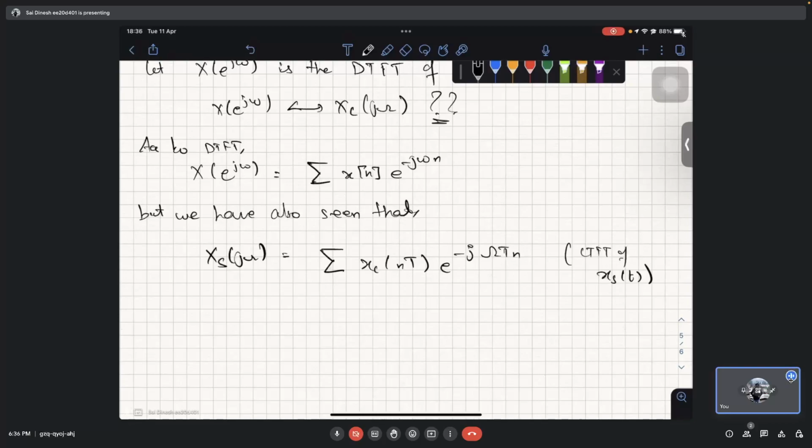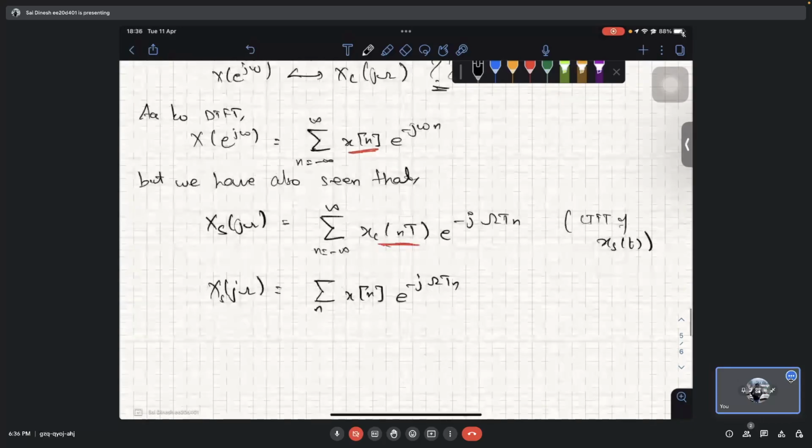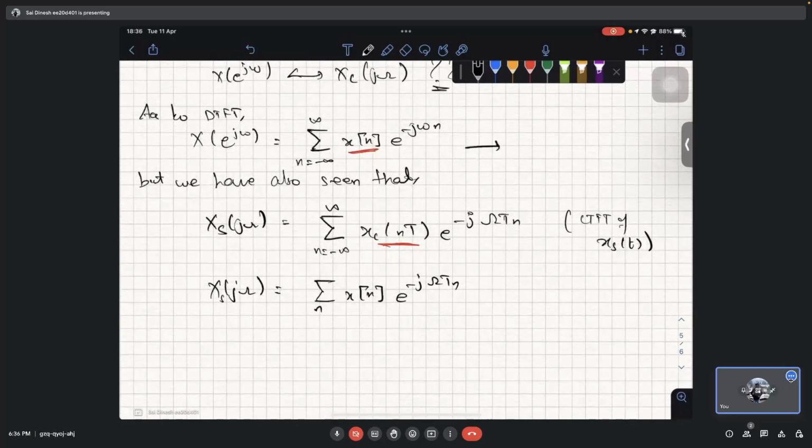But we know that these two are equal, right? This is over all n from minus infinity to infinity, and this is also over all n from minus infinity to infinity. So let's say this is star and this is hash.